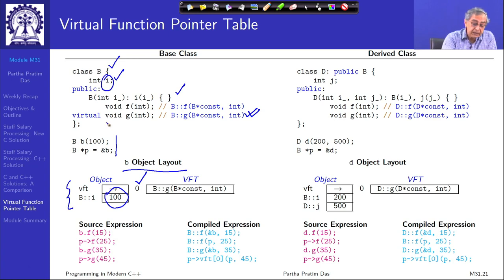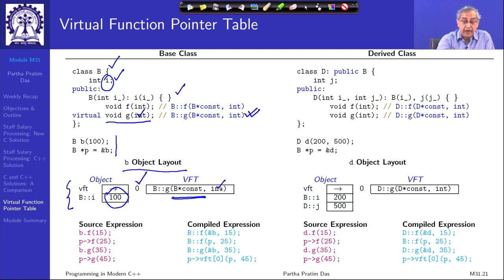So, what will be the signature for this function? As you know, every member function has an implicit this pointer, which is a pointer to the class. So, it will have B star const, because this pointer is a constant pointer, and it takes a parameter int. So, its second parameter is int.